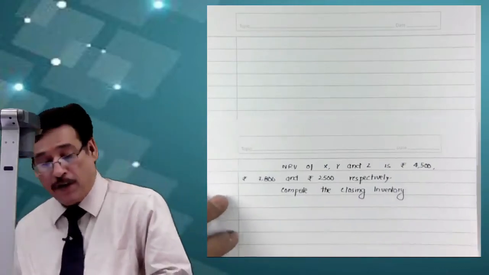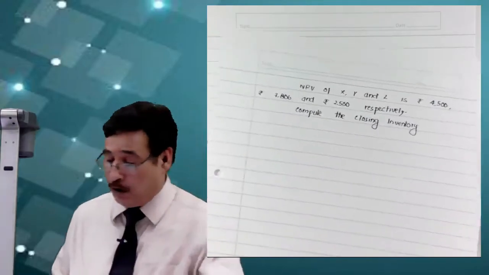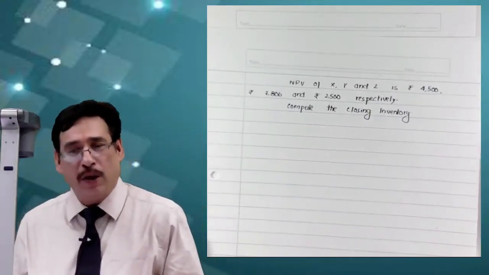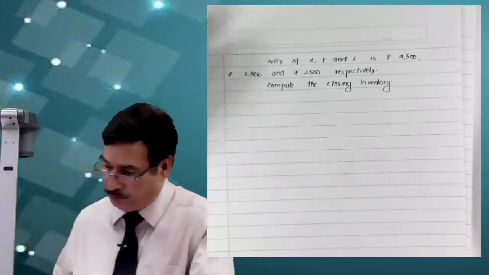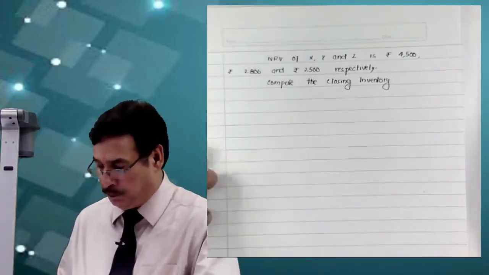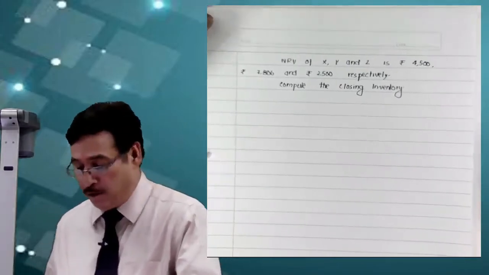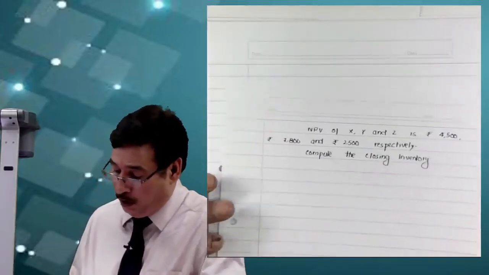So we are supposed to now compute the closing inventory, which you can do very, very easily, correct? But just a point or two I would love to mention here before we wrap up.